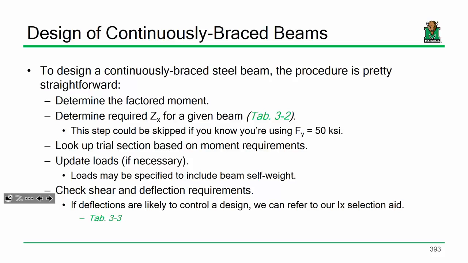So you can skip that step if you know you're dealing with 50 KSI steel. If not, then you would need to look it up. Look up that section based on moment requirements, and then update your loads if necessary. So, you know, if you assume 50 pounds per foot and your beam weighs 200 pounds per foot, you need to go through and update your loads. But other than that, it's pretty straightforward.